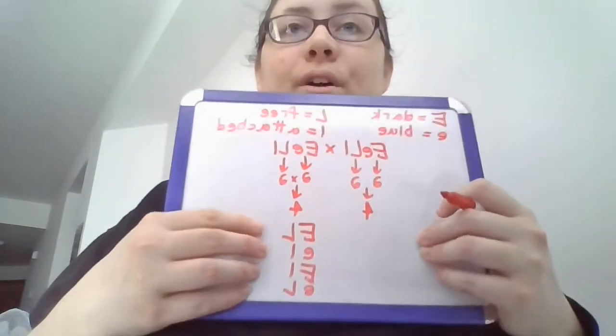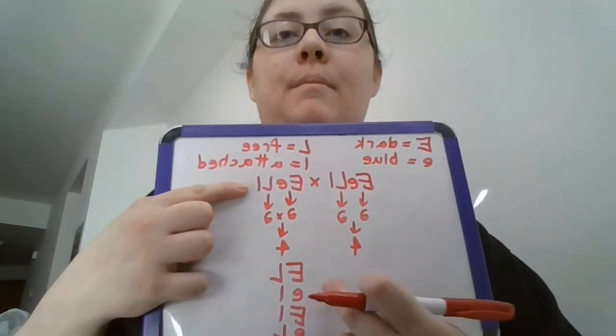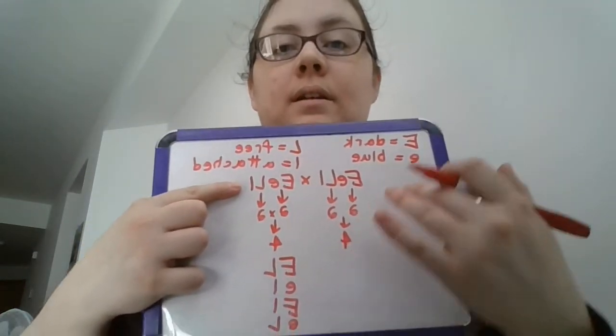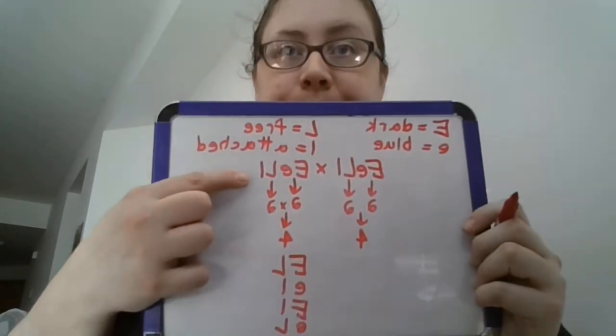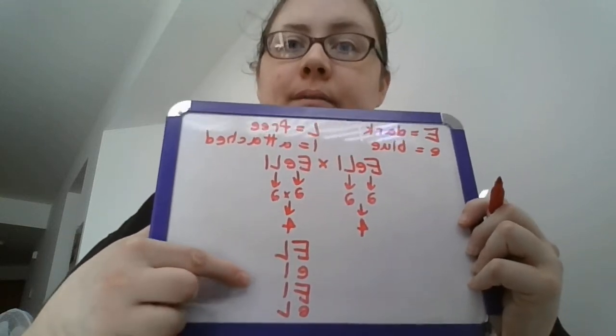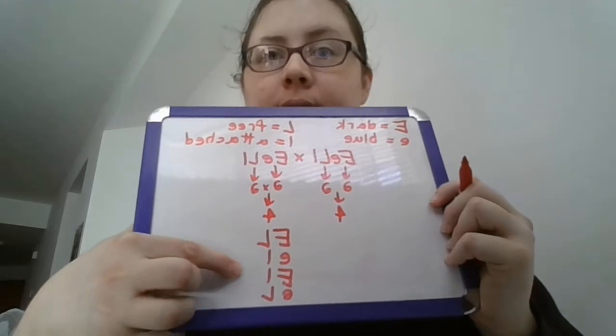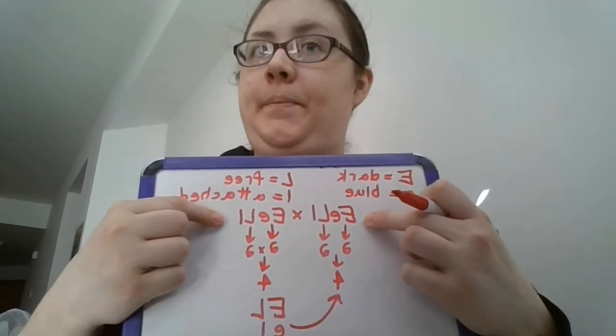For these guys, these are our 4 choices for each parent. This parent can pass on, remember, all these have equal likelihood of being passed on. So we've got a big E, big L, little e, little l, or big E, little l, little e, big L. And these four are the same for the other parent because their genotypes are the same.